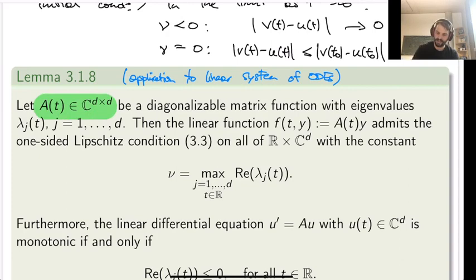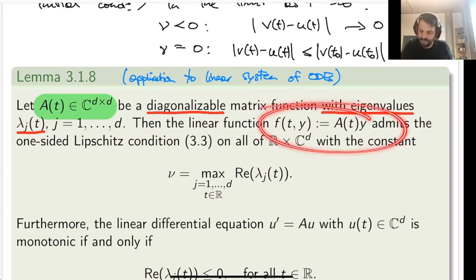So let this A be diagonalizable, with eigenvalues given by lambda j of t for j equals 1 to d. And we consider the ODE with the linear right-hand side, f of t, y equals A times y.